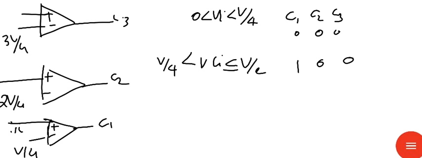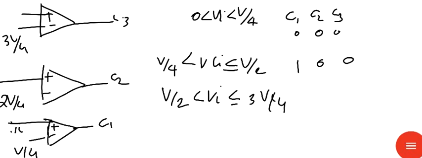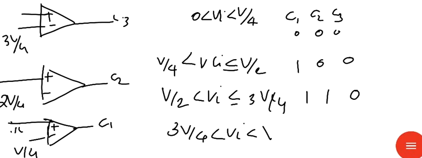Again for V by 2 less than Vi less than or equal to 3V by 4, these two become 1 and this one becomes 0. Then for 3V by 4 less than Vi less than V, all the outputs are 1.